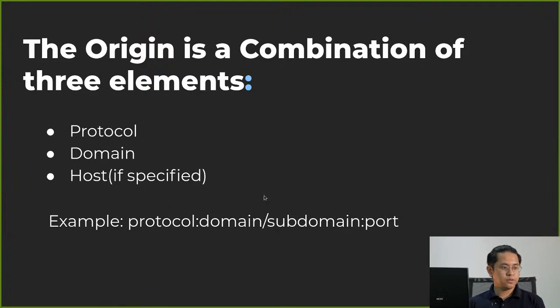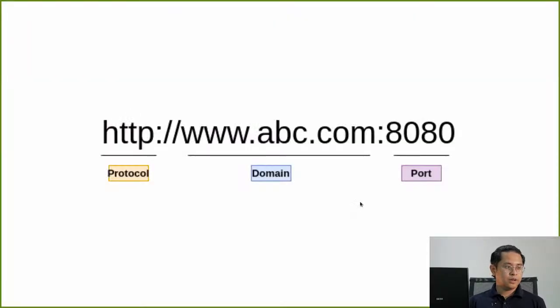For example, here HTTP is the protocol, whether HTTP, HTTPS, or whatever protocol you are using. www.abc.com is the domain name or host name, and 8080 is obviously the port, but this is optional because some sites do not specify the port.